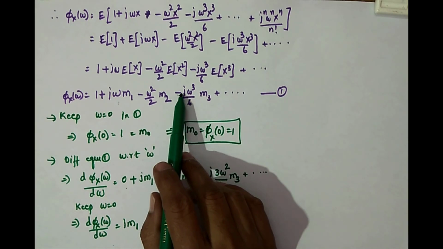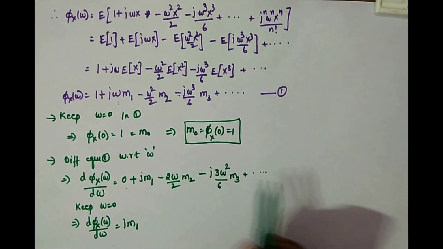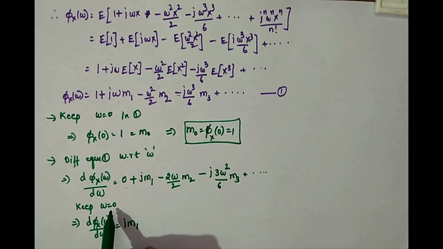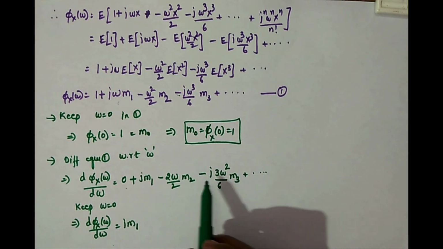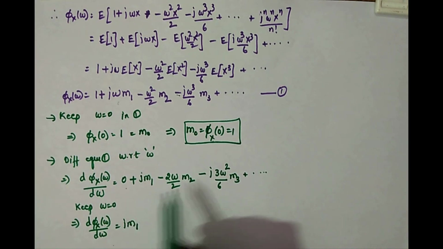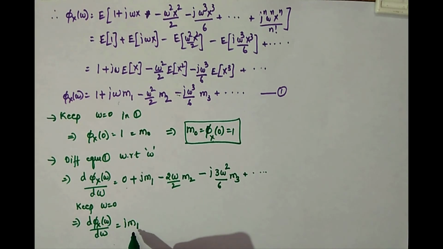And this is minus j 3 omega square by 6 into m3. Then in this expression, keep omega equal to 0. All these higher terms are involving omega, so if you keep omega equal to 0, all these terms become 0, you will be with only jm1.